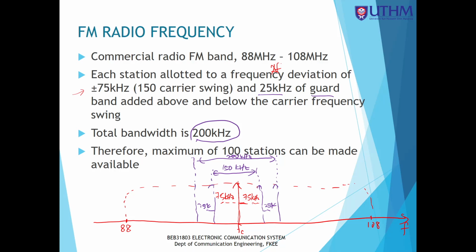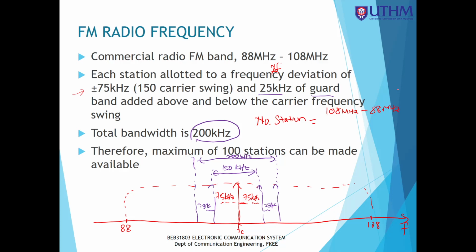The total band for the FM is from 88 to 108. So the number of stations is equal to, we need to divide, 108 mega minus 88 megahertz.